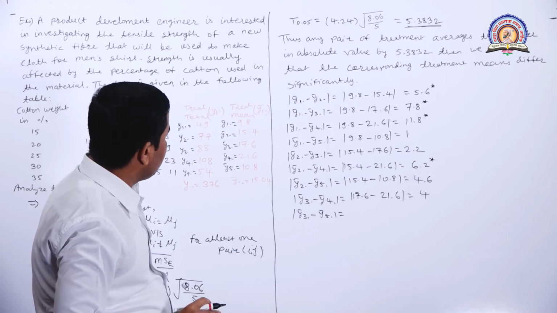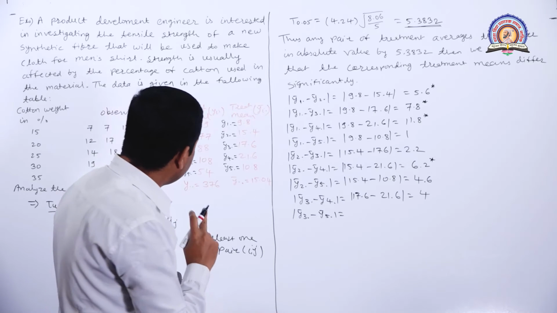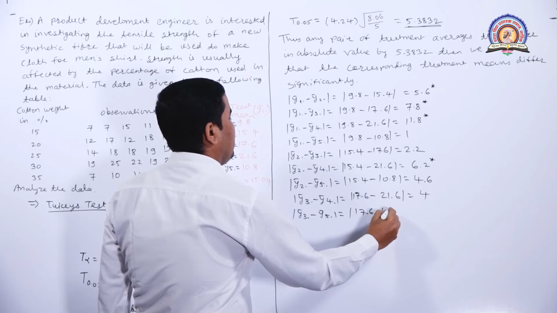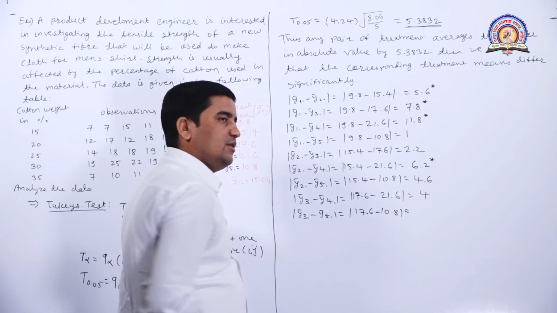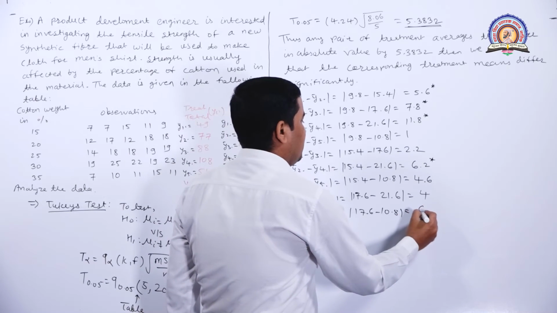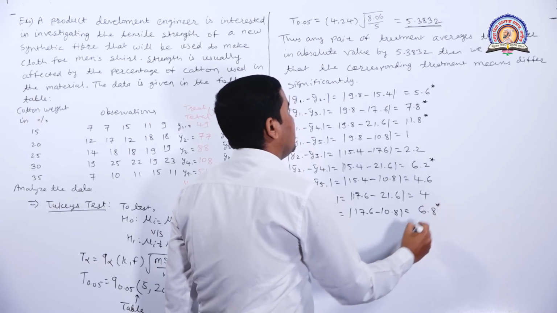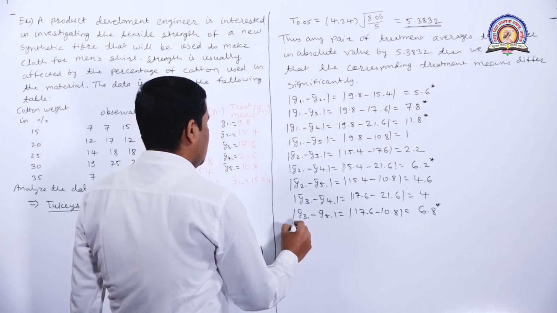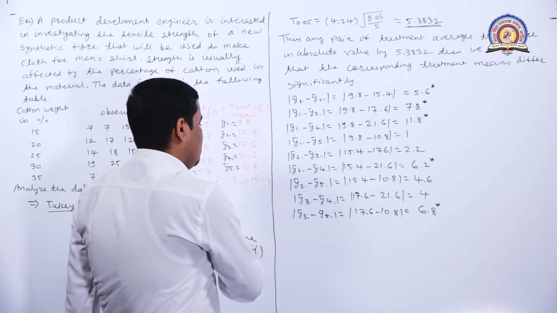This will be 17.6 minus 10.8. This absolute difference will be 6.8. Now 6.8 is also greater than this 5.3832. So I have written a star here. Now 3 versus all these is over.